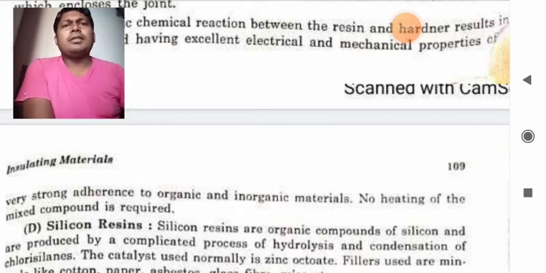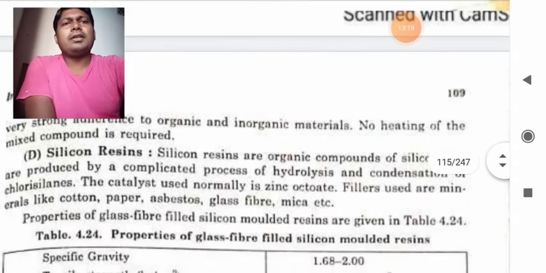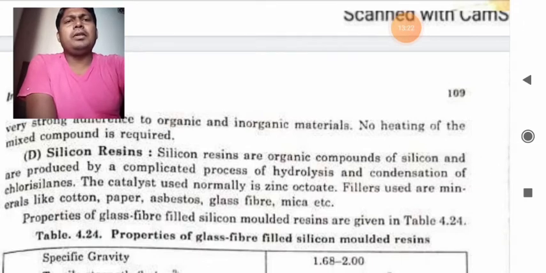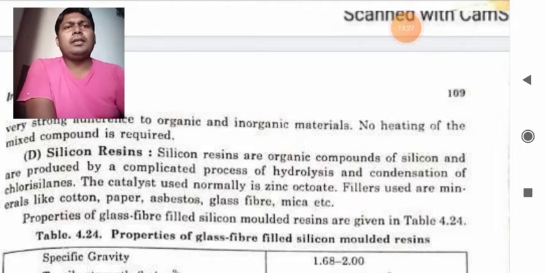Now, silicon resins. Silicon resins are organic compounds of silicon and are produced by a complicated process of hydrolysis and condensation of chlorosilanes. The catalyst used is normally zinc octoate.